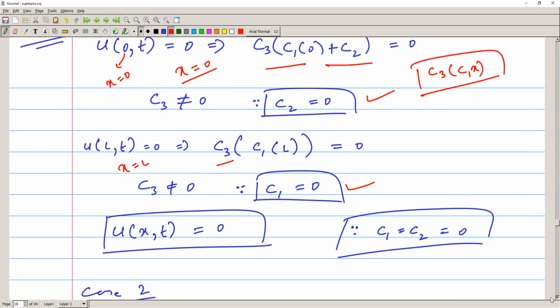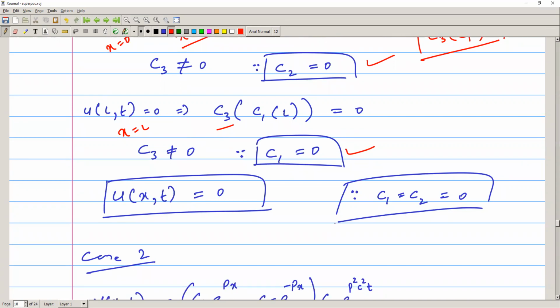So if C1 and C2 both are equal to 0, then u of x comma t will be equal to 0, because initially the solution was u of x comma t is equal to c3 times (c1 x plus c2). If these both are 0, then u of x, t is 0, right? So u of x, t is 0.